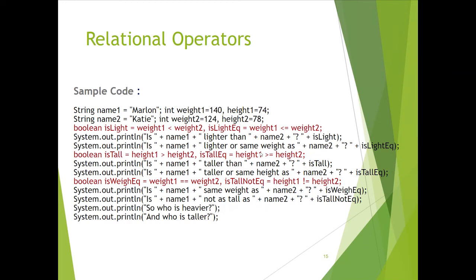False, sir. Okay, very good. It's actually going to be false. Why false? Because as you can see, weight 2 is less than the value of weight 1. Kaya naging false. Claro?